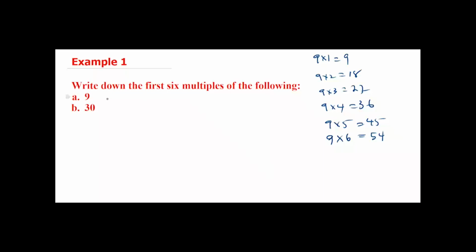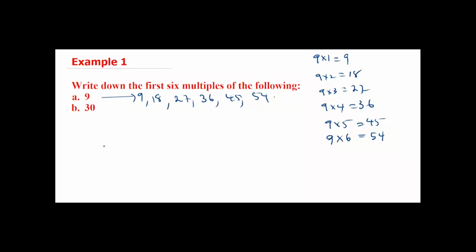So we can say the first 6 multiples of 9 will be 9 itself, 18, then you have 27, 36, 45, and 54.